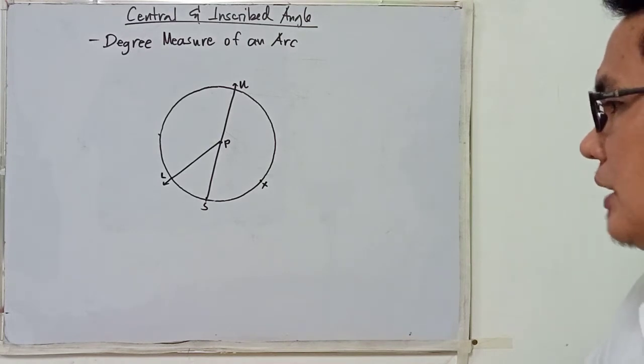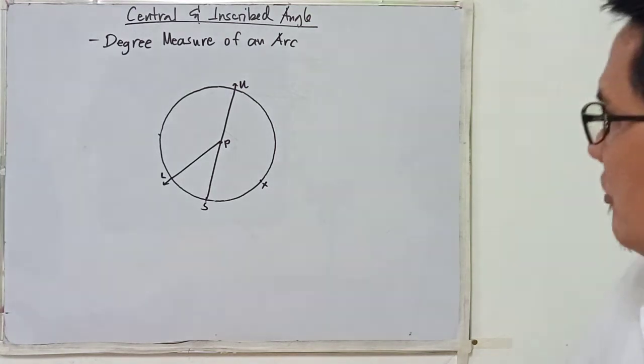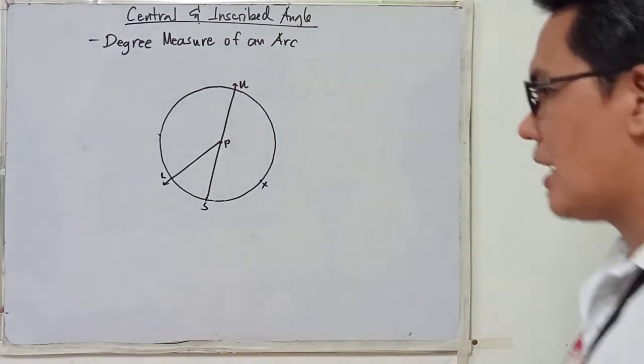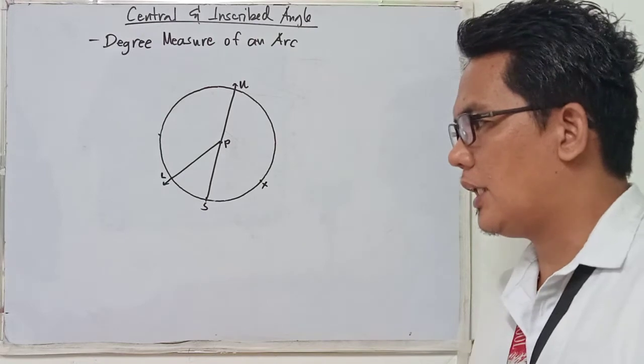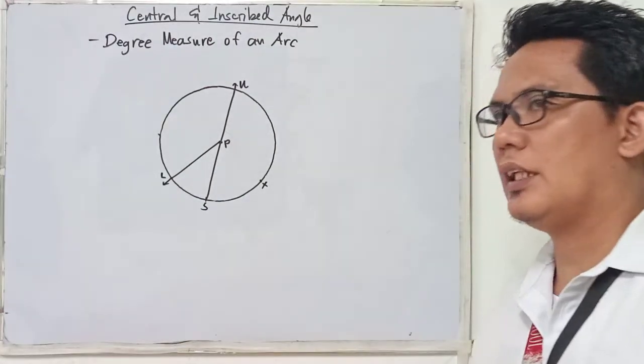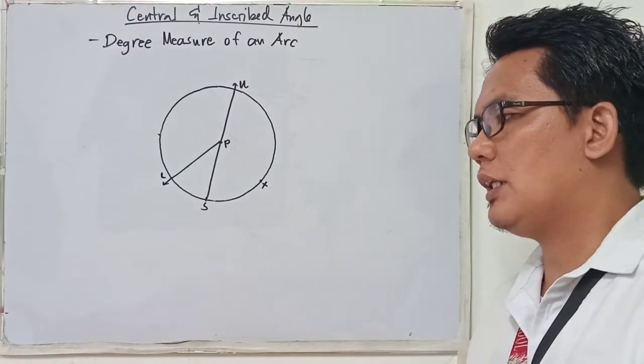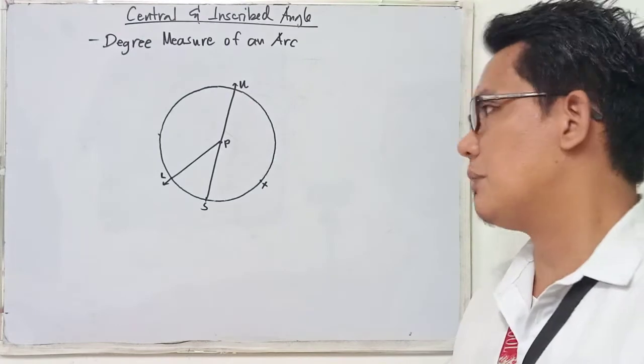We have two kinds of arc, a minor arc and a major arc. By definition, a minor arc is less than 180 degrees, and a major arc is greater than 180 degrees. If you have an arc that is equal to 180 degrees, that is a semicircle.